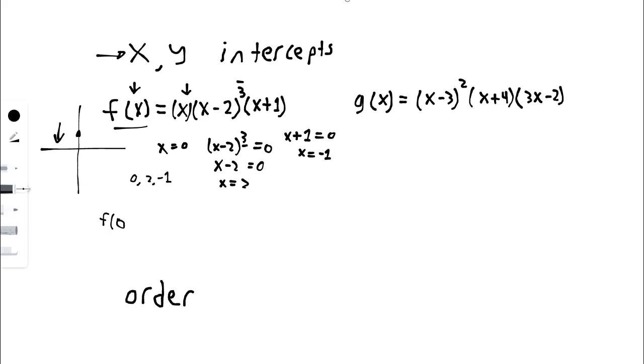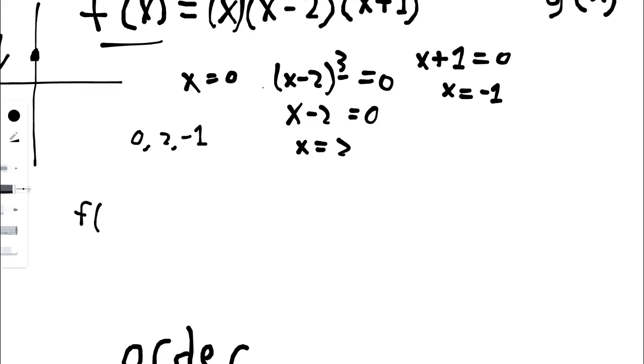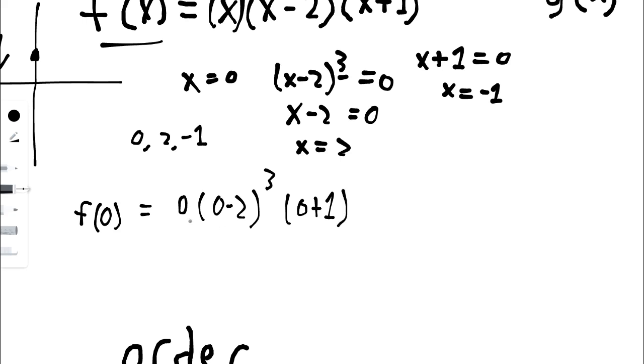F of 0. There we go. And then this x in front here would just be turned to 0. So it'd be like multiplying 0 times 0 minus 2, which is cubed, and then 0 plus 1. And then this 0 just gets multiplied in here.